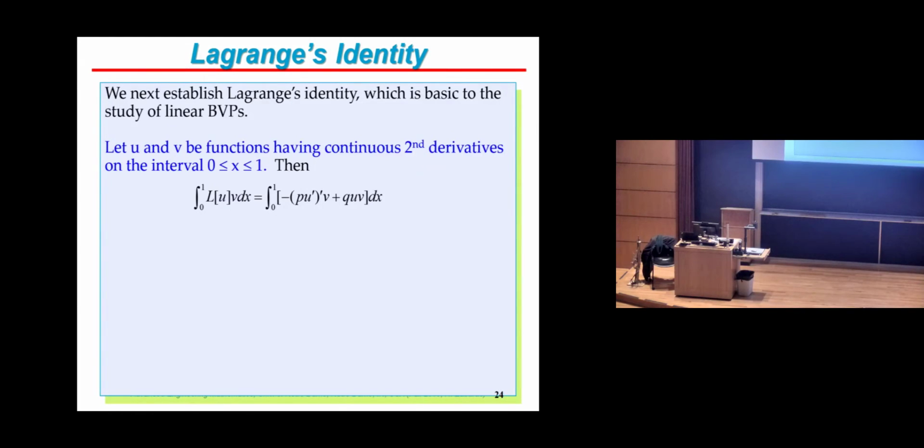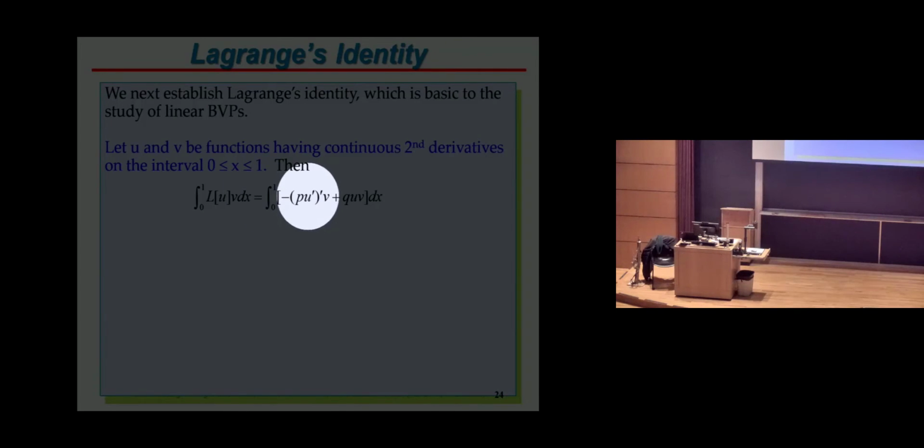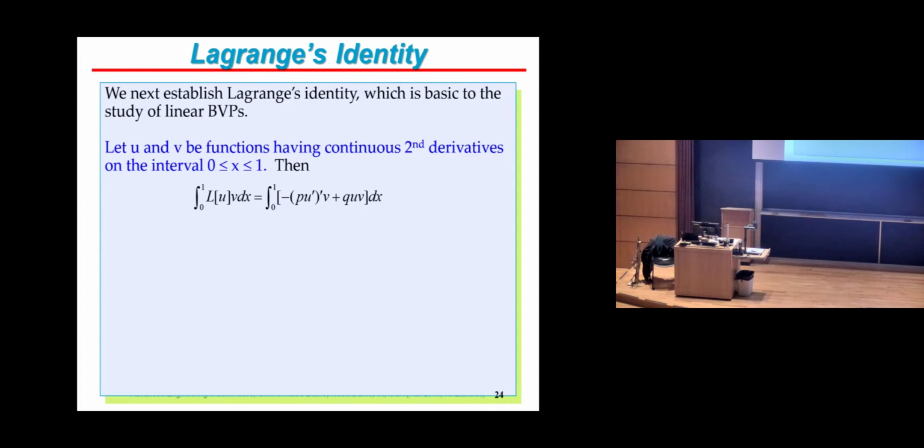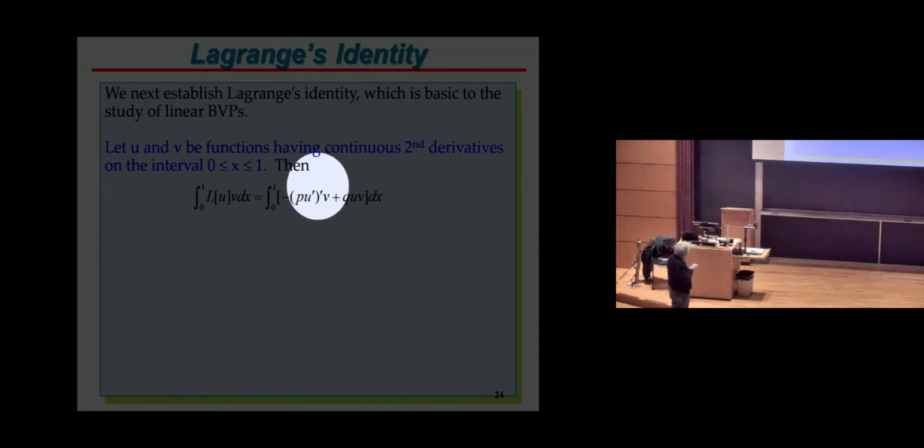Can you tell me, if you integrate by parts twice, the final term that is going to stay inside the integral, how is it going to look like? Forget the boundary terms, right? Just the differential term inside the integral. Take a guess.